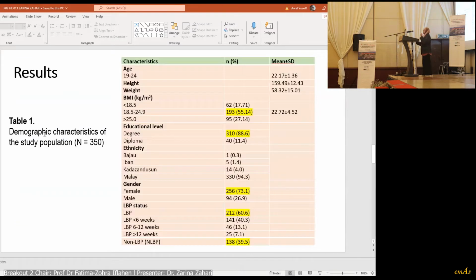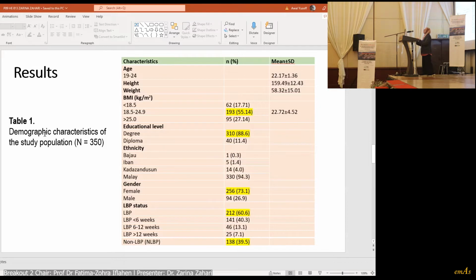Here are the demographic characteristics of the study population. We found that the BMI was moderate.